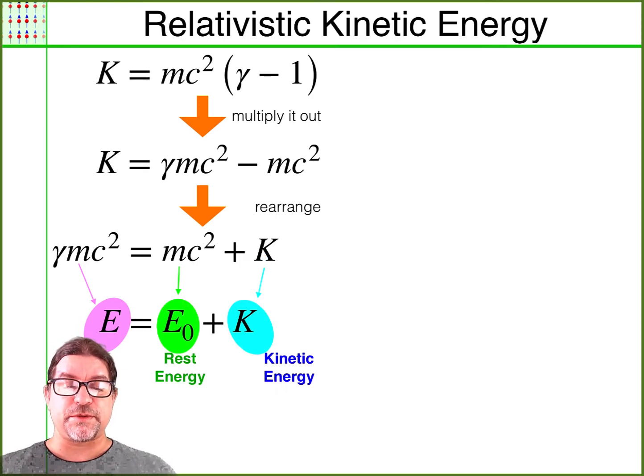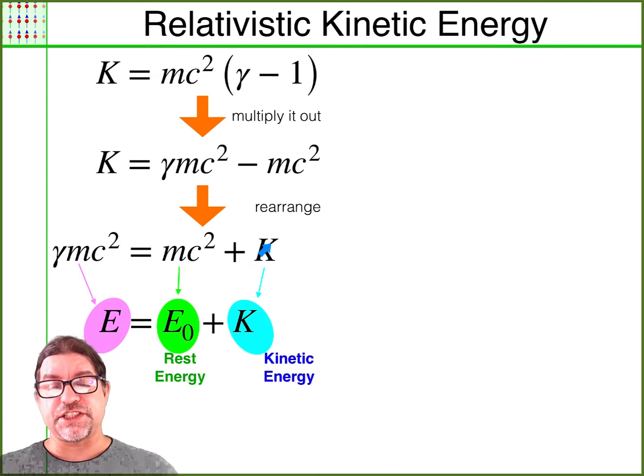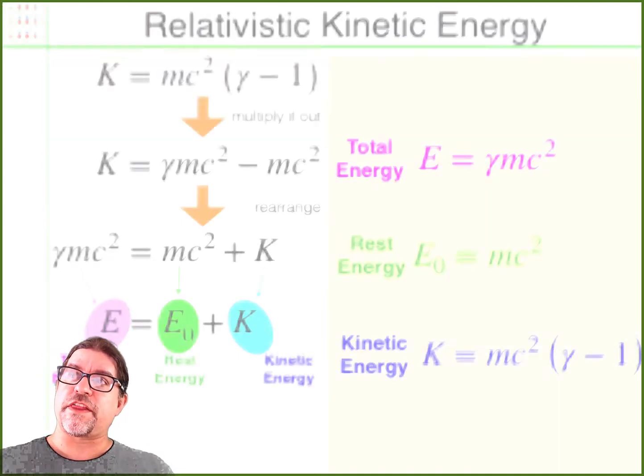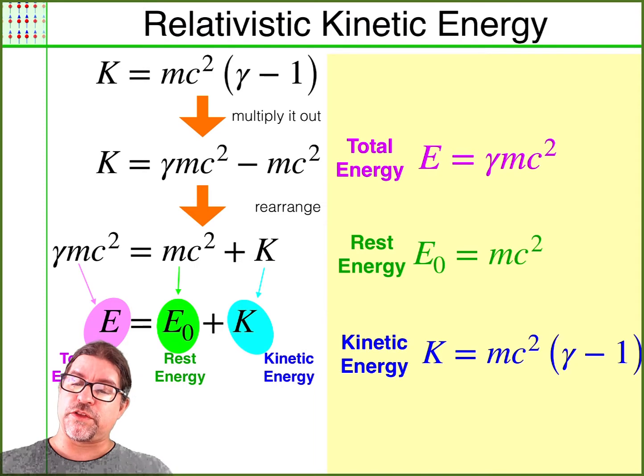So in other words, we're saying the total energy of a particle is equal to the kinetic energy plus some new kind of energy. If it's at rest, it still has some energy, it turns out. This mc squared term here is not kinetic energy, but it's an energy just from the fact that it exists, which is not a classical thing, but we're going to call that the rest energy.